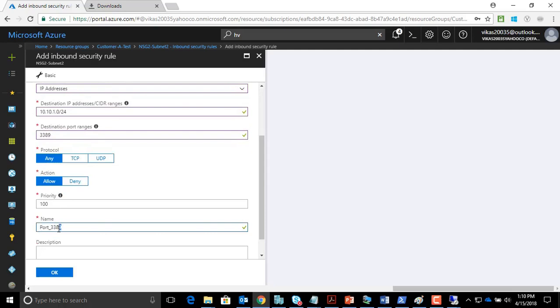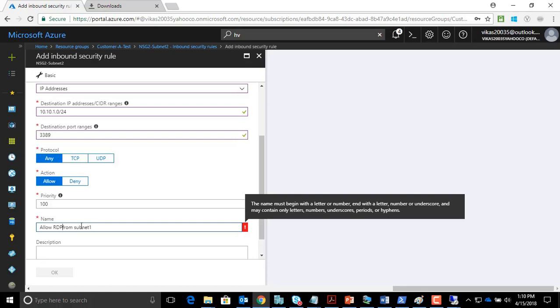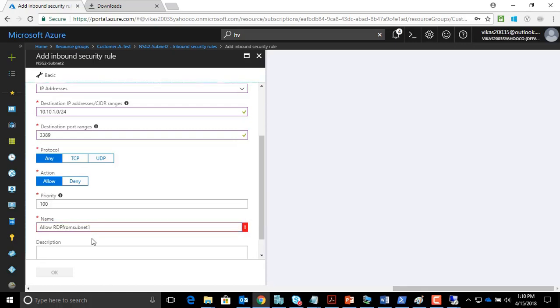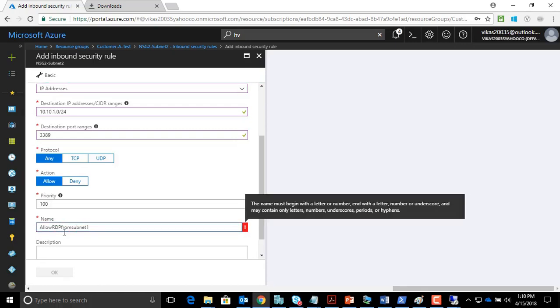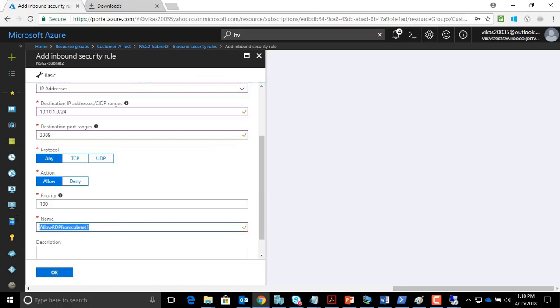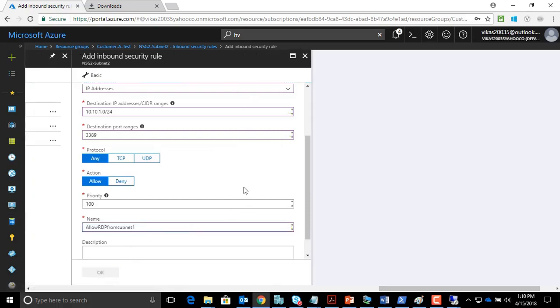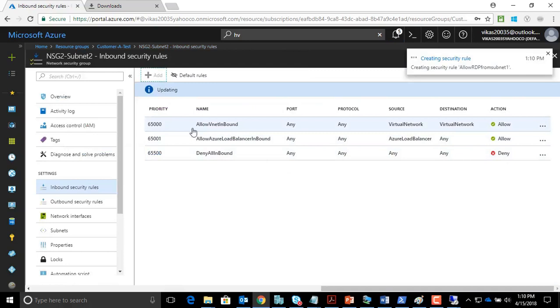So rule name will be allow RDP from subnet 1. This will be the rule. So this rule is allowed at subnet 2.